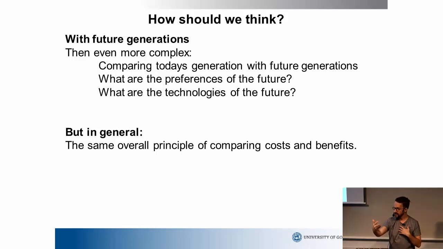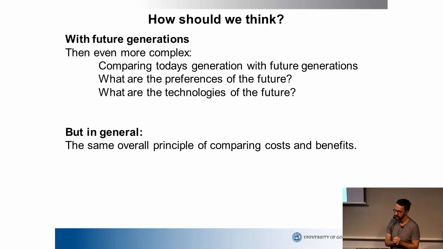So comparing future generations with today's generation is inherently complex. What we tend to do is roughly this. We tend to think people in the future are basically like us. They're most likely a little bit richer. And therefore, we who live today don't have as much money as those in the future, so we are more important than those that live in the future.